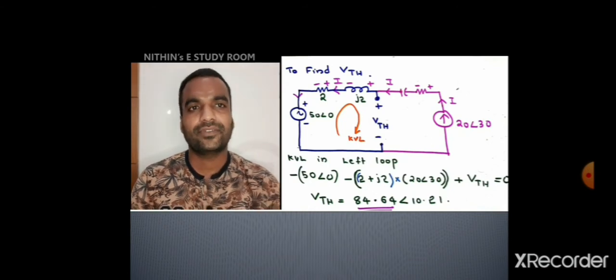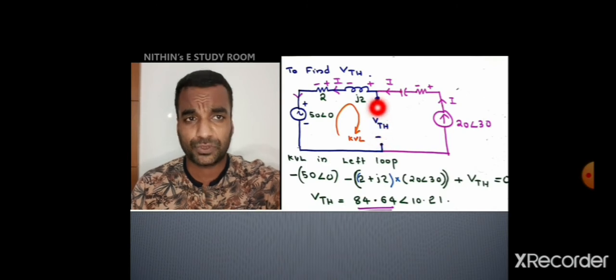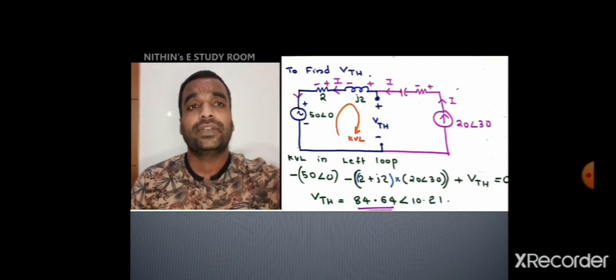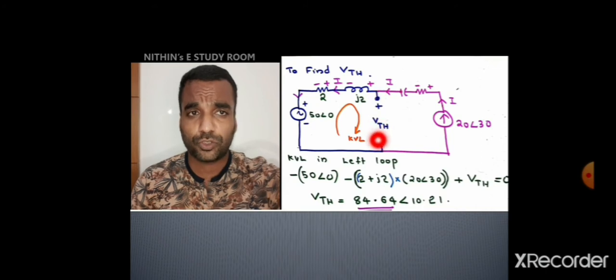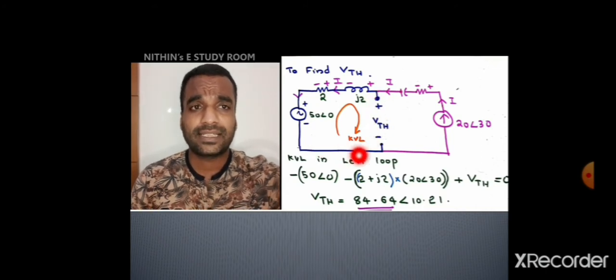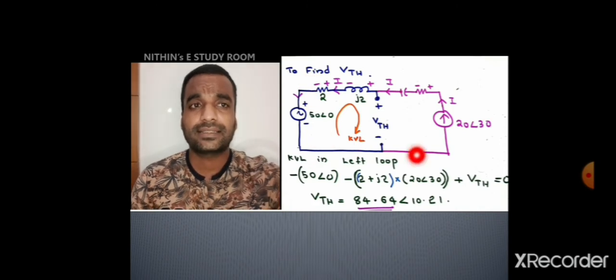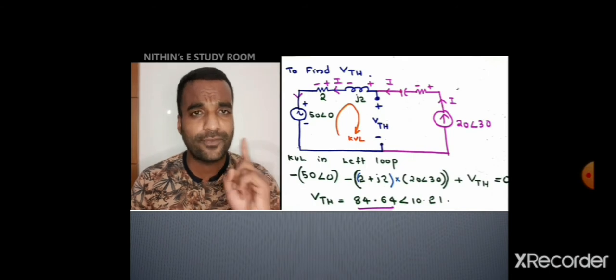VThevenin is nothing but the voltage that appears across the open circuited load terminal. For finding VThevenin, you can see that as the central branch or load branch is removed, it is now a series circuit. The current in the series circuit is nothing but the source itself, because in a series circuit only one current exists.